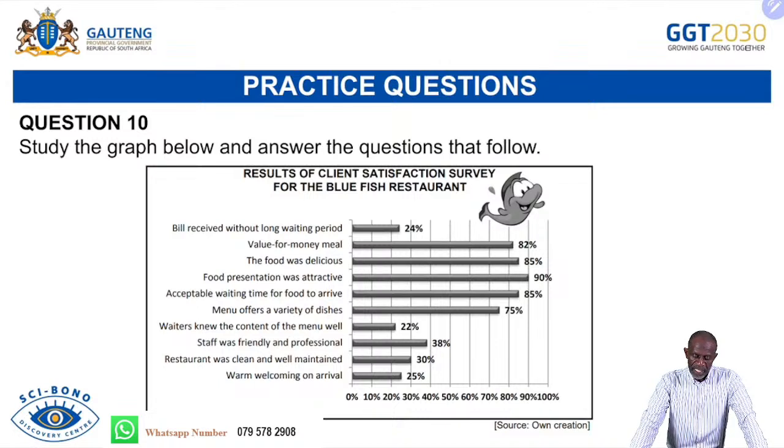The food was delicious, also 85%. The food was attractive, 90%. Acceptable waiting time for food to arrive at 85%. Menu offers a variety of dishes at 75%.